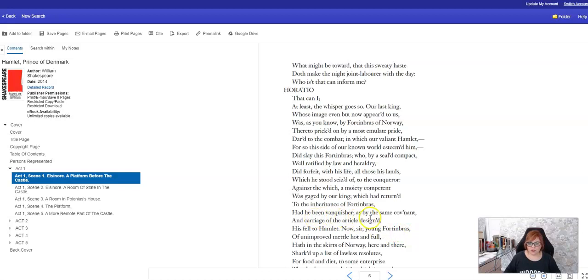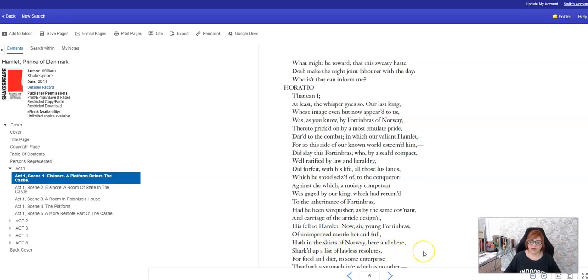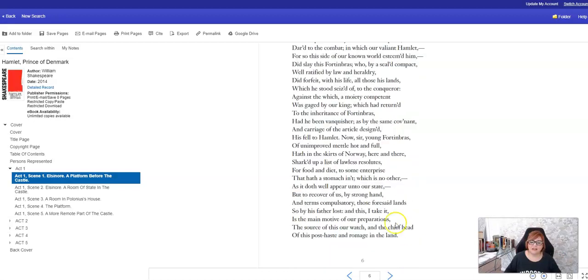Wait, I've already read that. Oh yeah, okay, here we are. "Hath in the skirts of Norway, here and there, sharked up a list of lawless resolutes for food and diet to some enterprise that hath a stomach in it, which is no other." So generally when you create an army, or one state will go to war with another state, you have soldiers that live by a soldier code. However, young Fortinbras is not having it. He has gone out and found lawless resolutes.